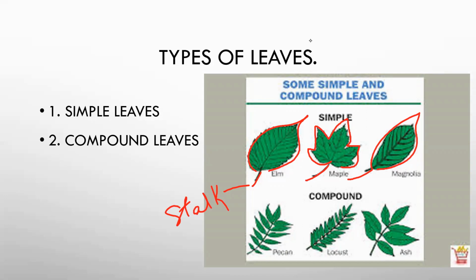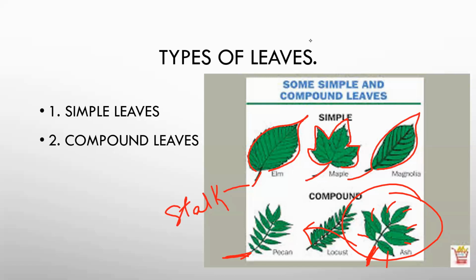Then coming to compound leaves, in compound leaves, from one stalk you will have multiple laminas. Here you see, just consider this. This is one single stalk, one single petiole. Then from this single petiole you have 1, 2, 3, 4, 5, 6, 7 laminas. So this type of leaf is known as compound leaf.